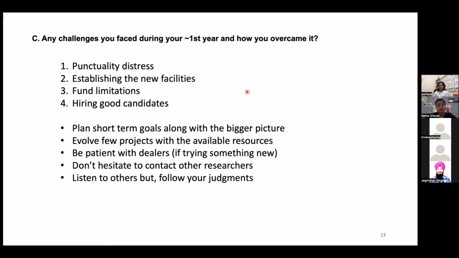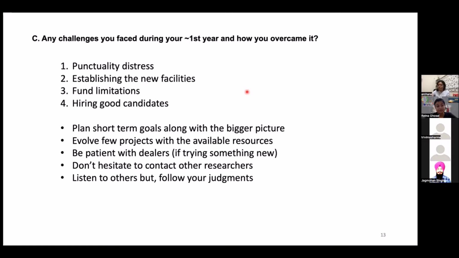If you are joining some lab and you are looking for something totally new, like for me, electrophysiology was introducing a new area in the NCL, and it was so difficult. It took an hour to figure out vendors and suppliers, and you need to be really patient with this.